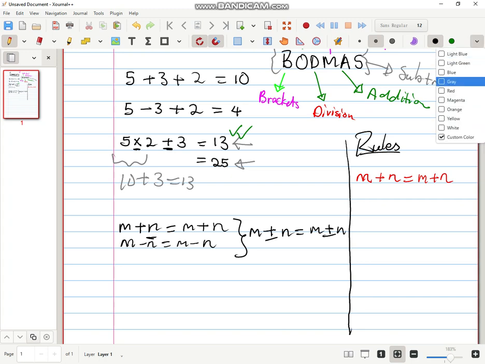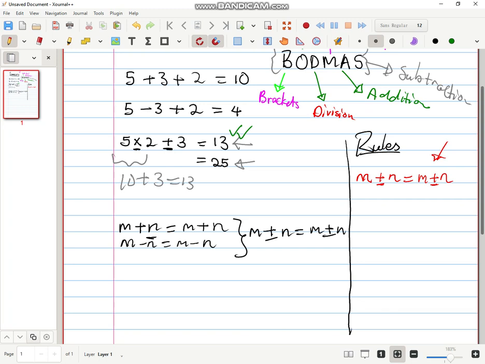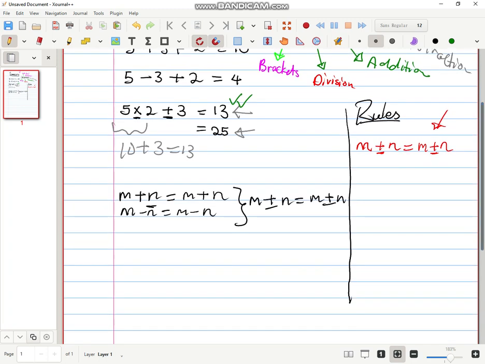Simple as that, right? So this does not change. You can call this your first rule, right?